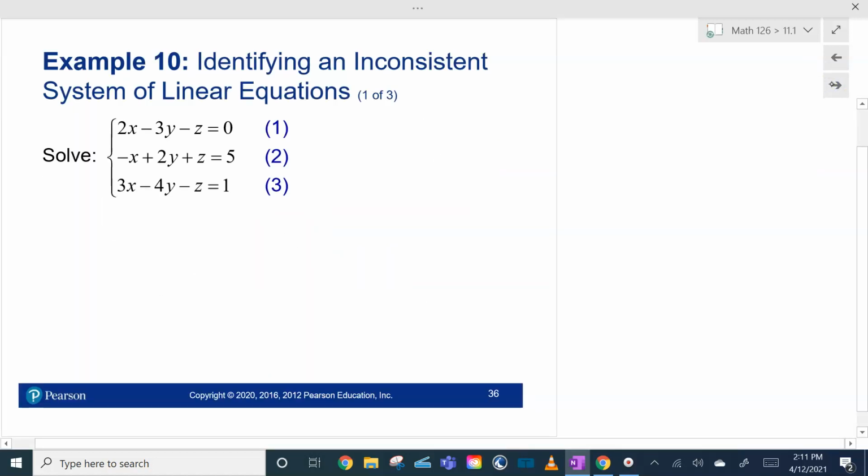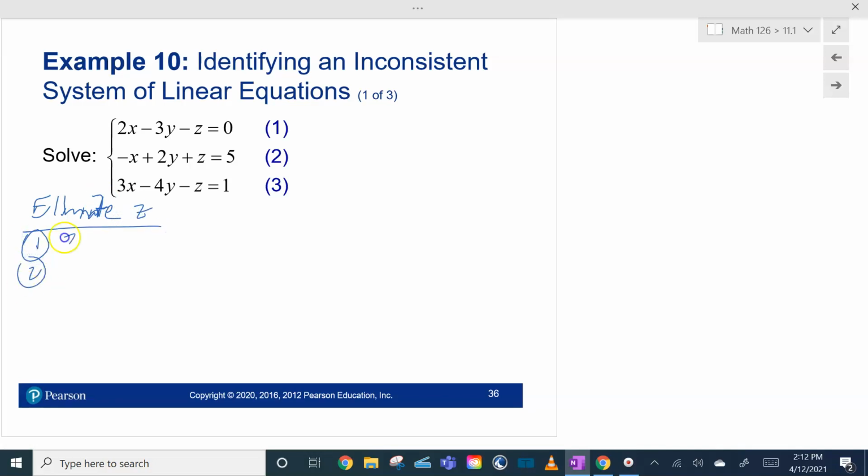Alright. Now let's do example 10 here. I'm going to get rid of, let's take 1 and 2, because I can get rid of my z's. Okay, so let's eliminate z with 1 and 2.